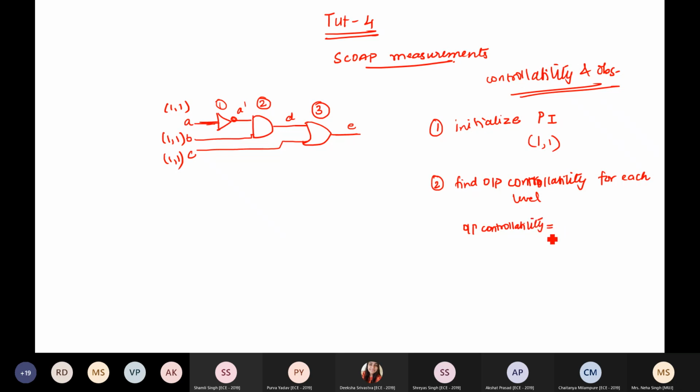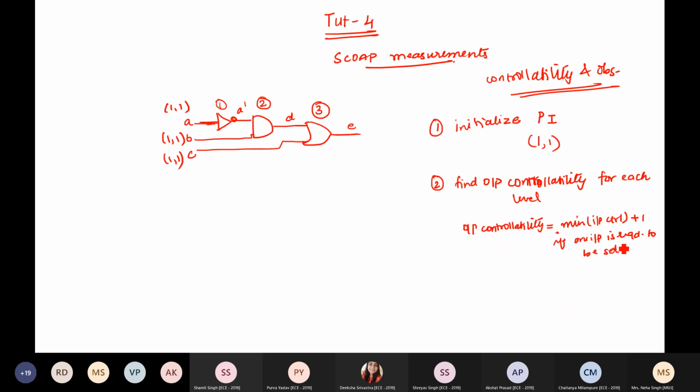Output controllability is given as the minimum of input controllability plus 1 if setting one of the input is sufficient to control the output, right?